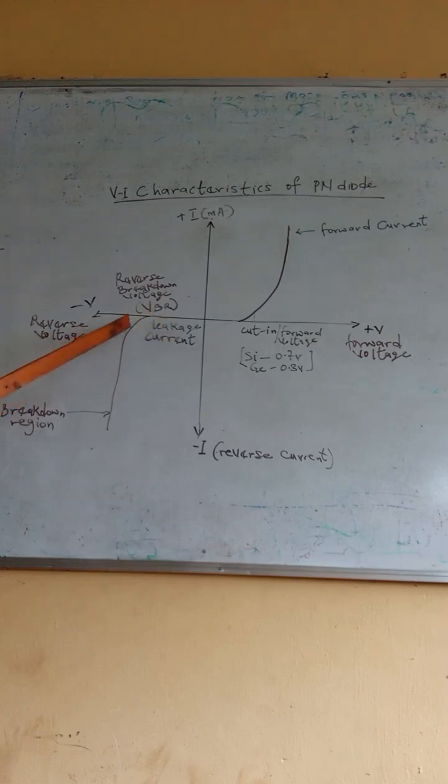And if you continue increasing the voltage, at a particular point there will be a sudden large current, and that voltage is called the reverse breakdown voltage. It is the voltage that makes the PN diode start conducting though it's in reverse bias, where we don't expect current to flow.